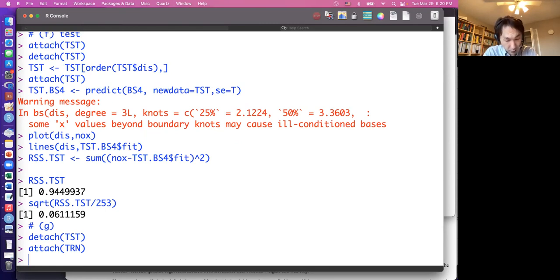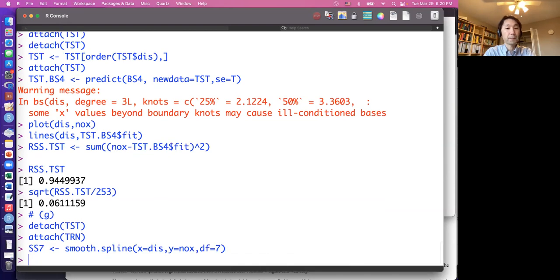Okay, so attach TRN and now the smoothing spline. SS7 as, okay, so I think that I named it BS4, but maybe I should name it BS7. SS7 as the smooth spline. X is equal to distance and Y is equal to NOx, then df is equal to 7.